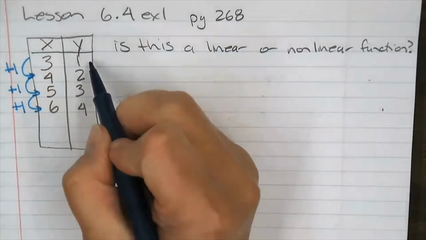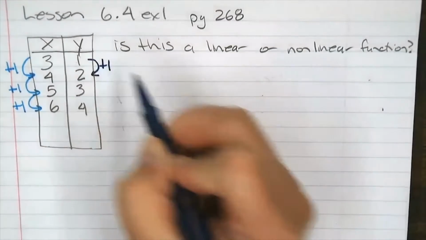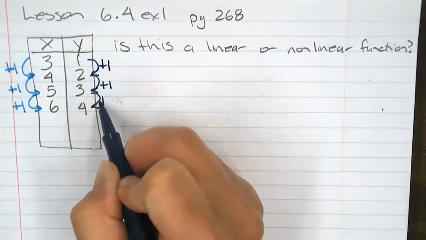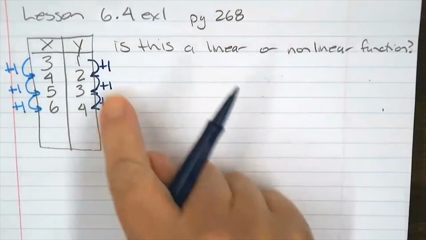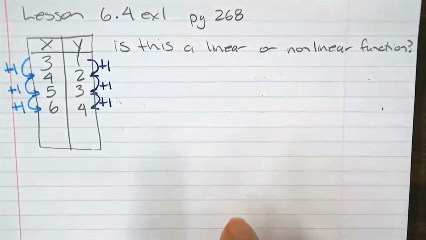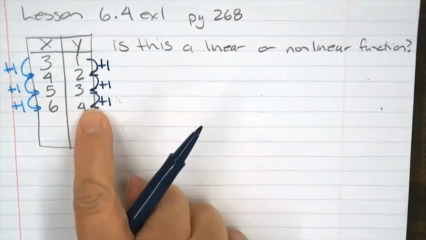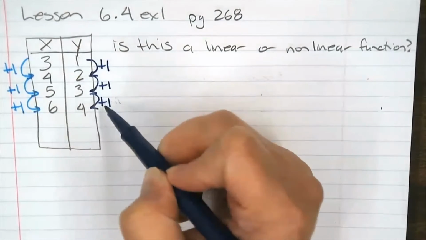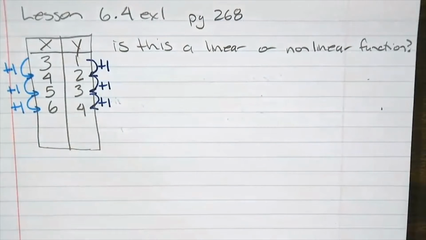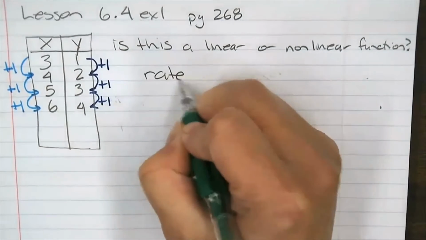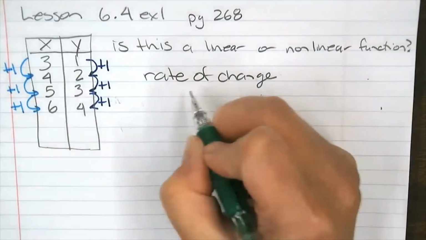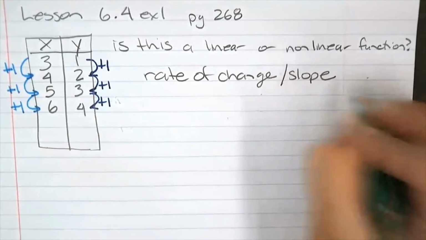Let's take a look at our y's. Oh, look at that. Our y, we have a constant rate of change here. It's constant. Everything increases by 1. So I don't know if you remember from a few weeks ago, rate of change is also known as slope, right?